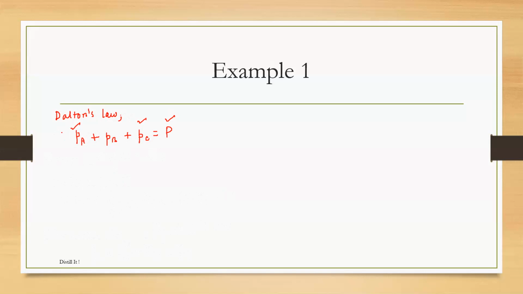On that basis, we can calculate PB, which is the total pressure minus the partial pressure of A minus the partial pressure of C. Hence, PB is going to be equal to 339.392 kilopascal.